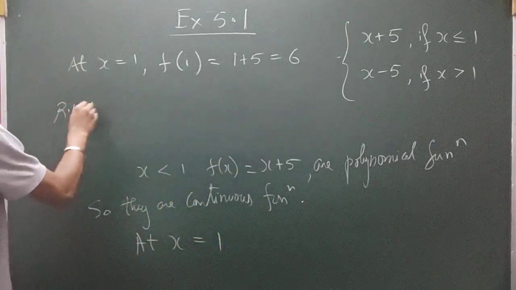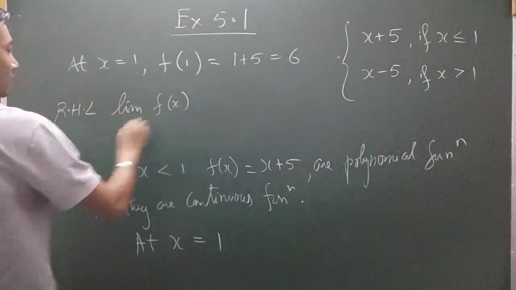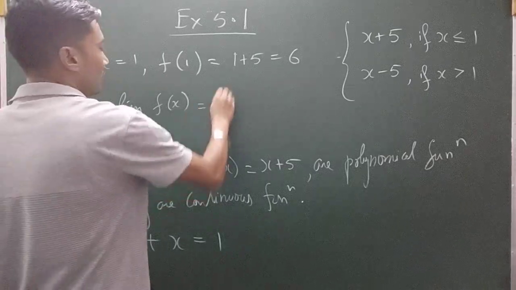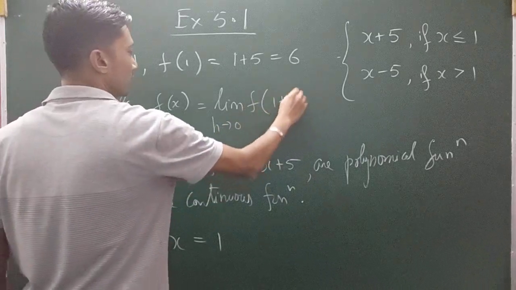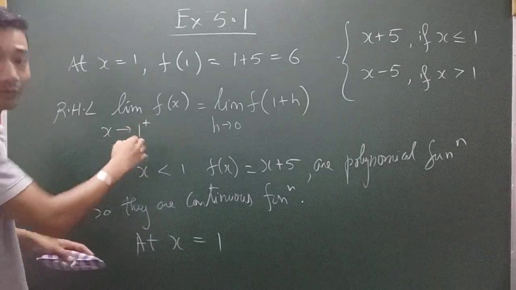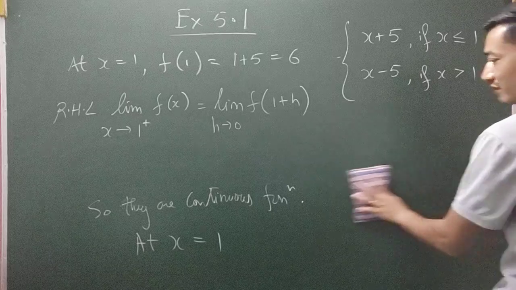The right hand limit is the limiting value of the function as x tends to 1 from the right, or the limiting value of f of 1 plus h. We have been doing that. 1 plus h means slightly greater than 1, for a very small interval, like 1.001. So the intervals are very, very small.